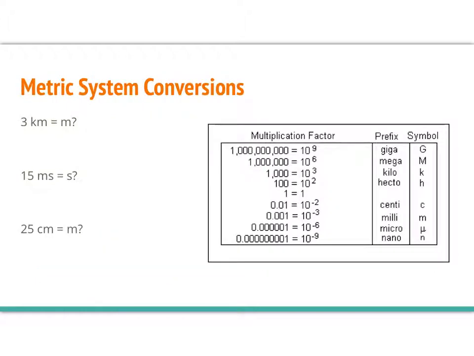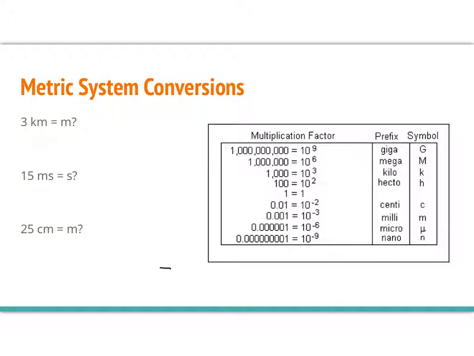Let's move on. All right, so metric system conversions are pretty important for us to be able to read them. Now, this is also on your AP Physics equation sheet, and it should also be on your common conversions. Okay, so for this one, we are going to do 3 kilometers into meters.